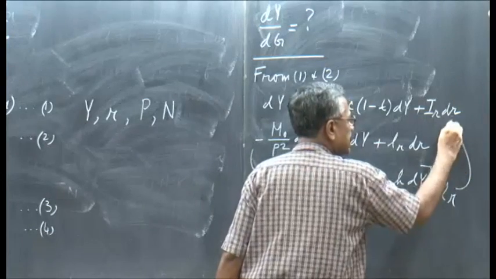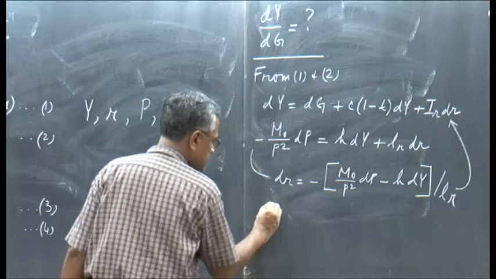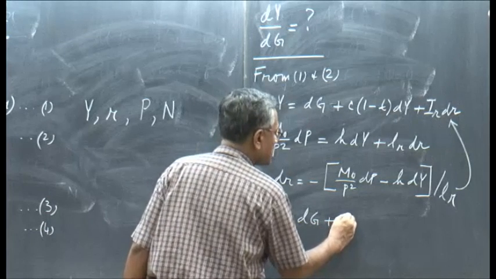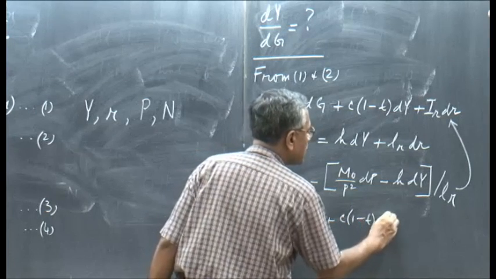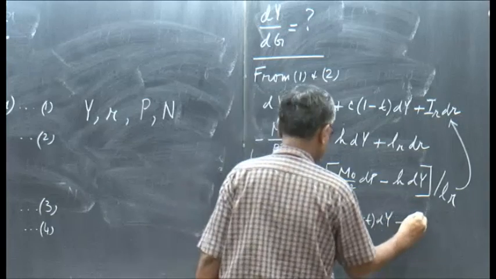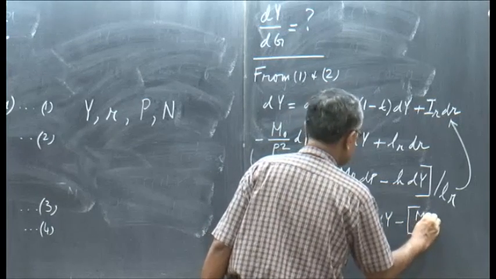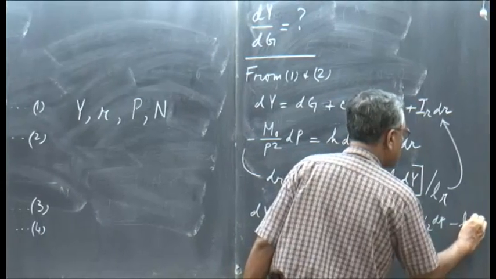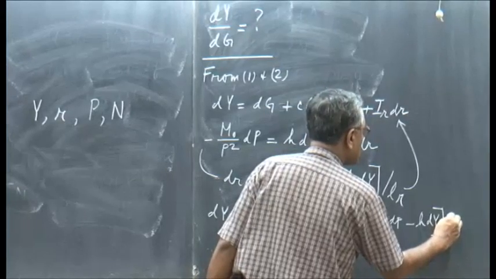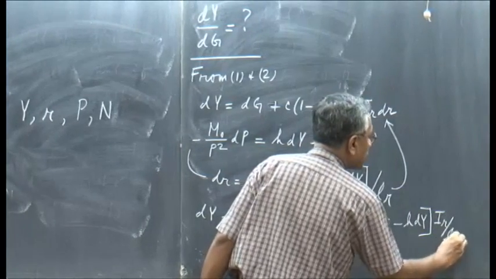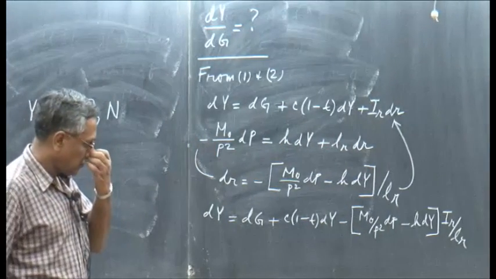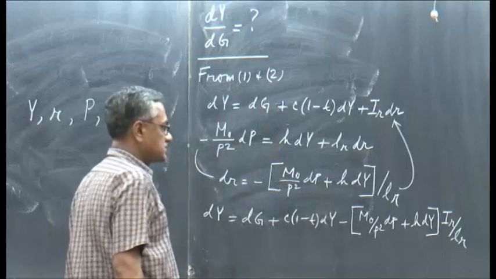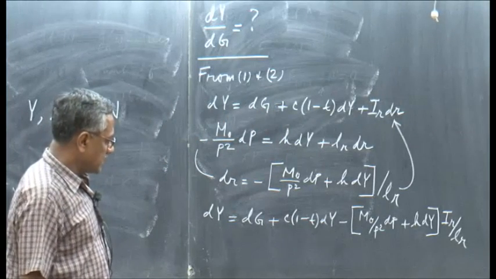Put that number in this dR. So what you have is dY is equal to dG plus c into (1 minus t) dY, then minus this bracketed term, which is M naught over P square dP, and minus h dY, bracket close, you will have I_R over L_R. I made a mistake, this will be plus. So this kind of a thing you will get.